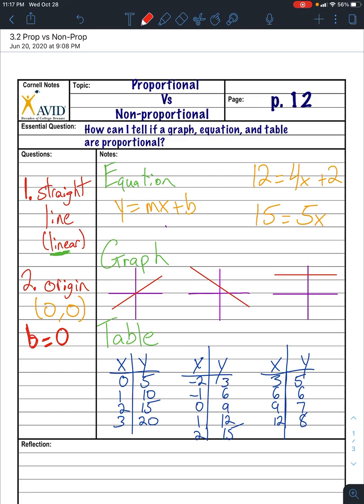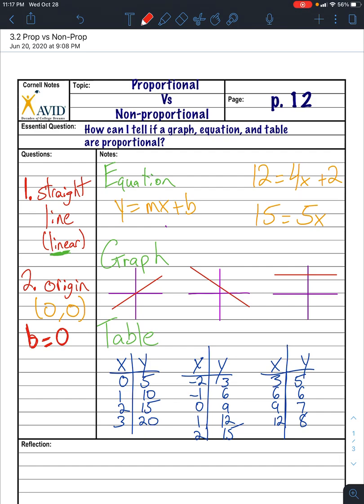Because if it's going through the origin, that means it's crossing over the y-axis at 0. So my y-intercept is 0. It's going through the origin, and it's a straight line, which means it's linear. Then we have a proportion.